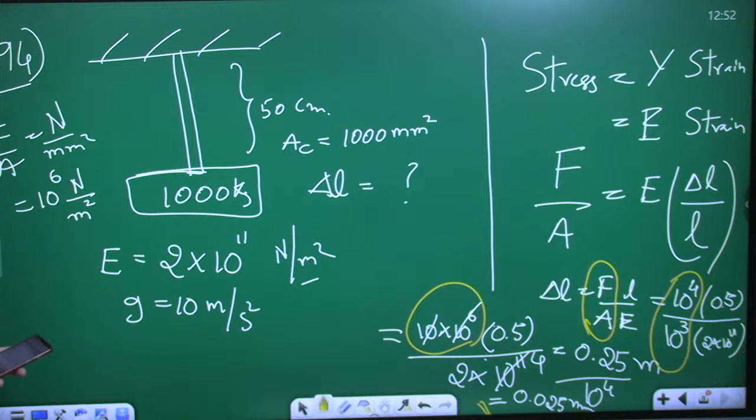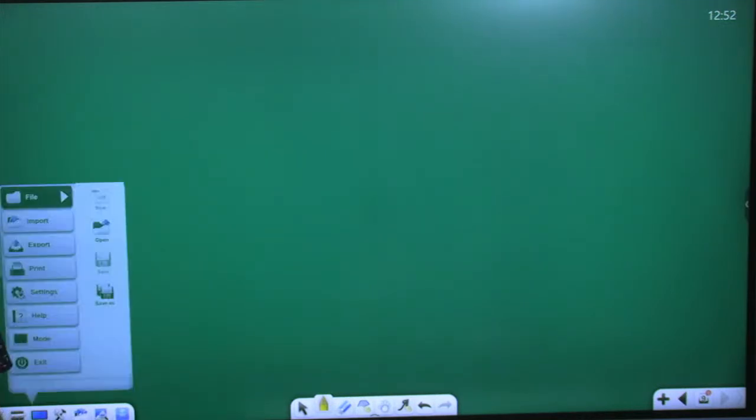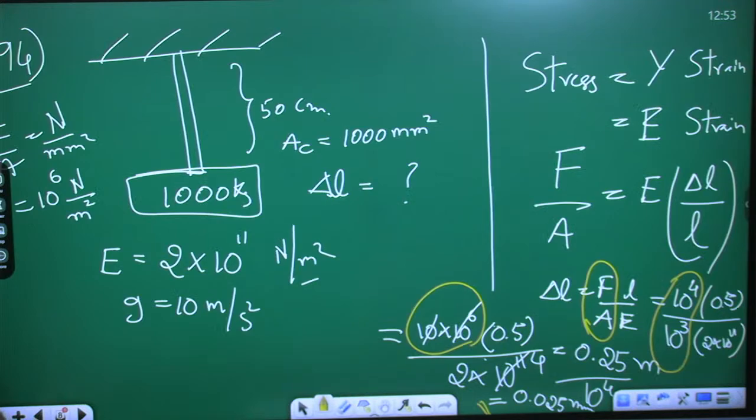Let us try to look at the other problem. I guess there is nothing to copy here as well.